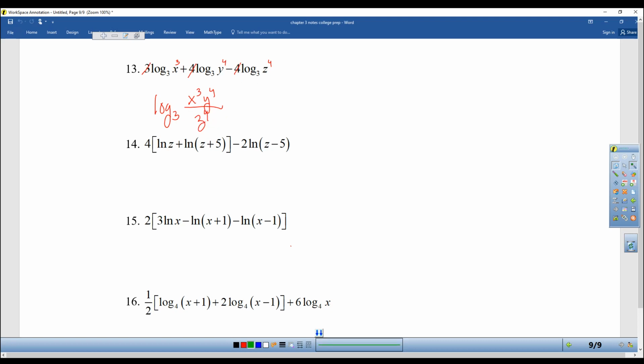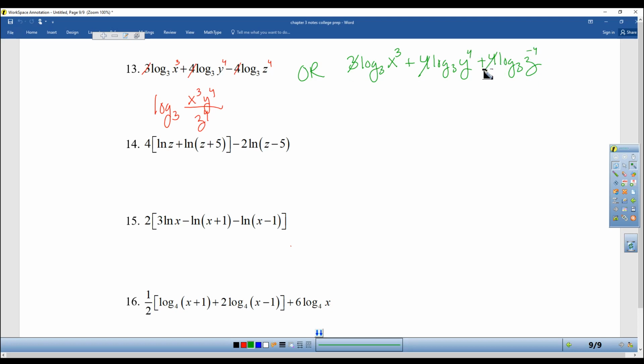Now another way to do it, let me just rewrite it first. Log base 3 of x plus 4 log base 3 of y minus 4 log base 3 of z. So this person moves it, but they also move the negative 4.